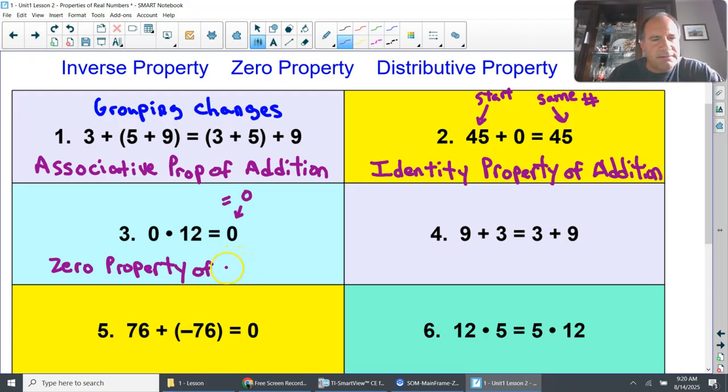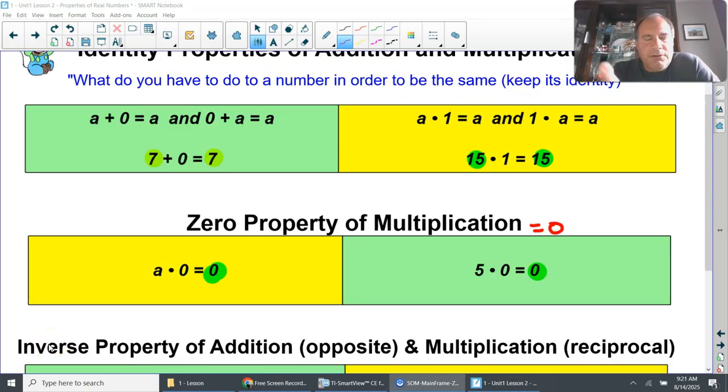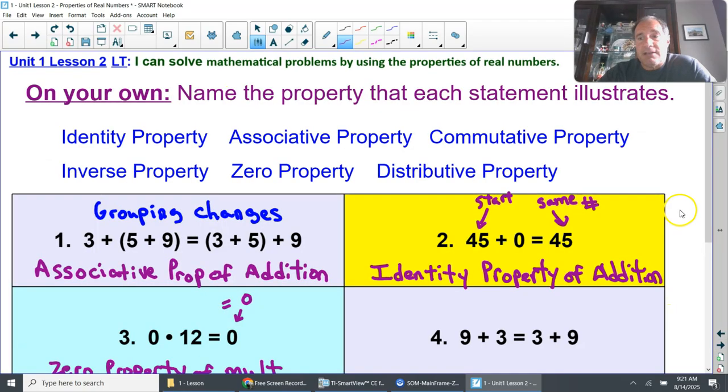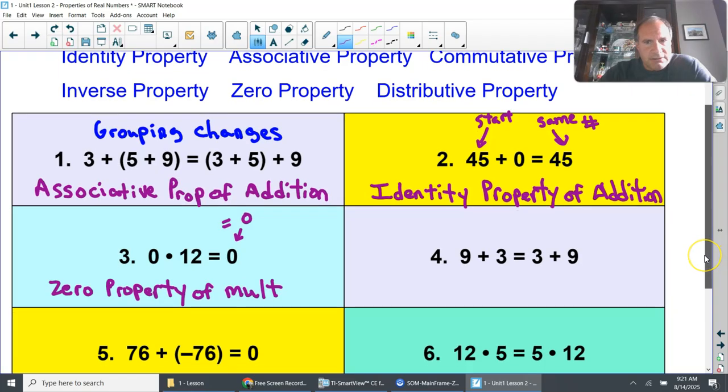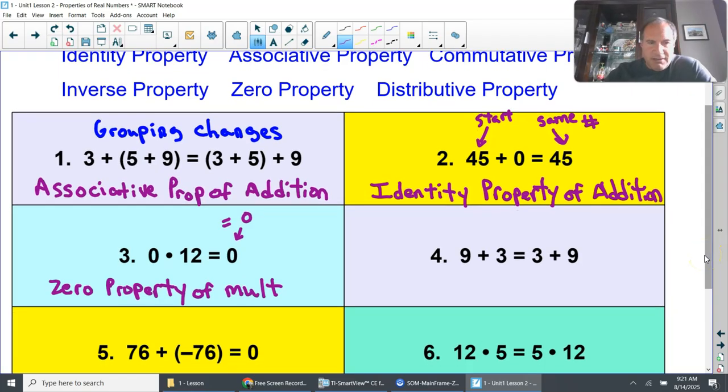And matter of fact, if you look back, you could see zero property is only for multiplication. So they probably won't ever say zero property of multiplication. It is just like I'm just putting it. All right. So it's just there. But it's just going to be zero property.